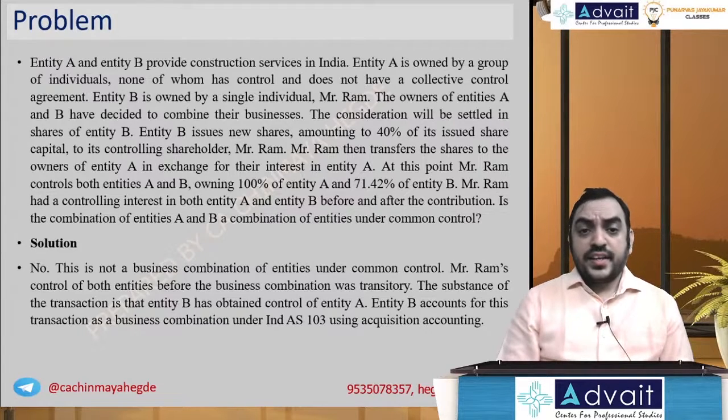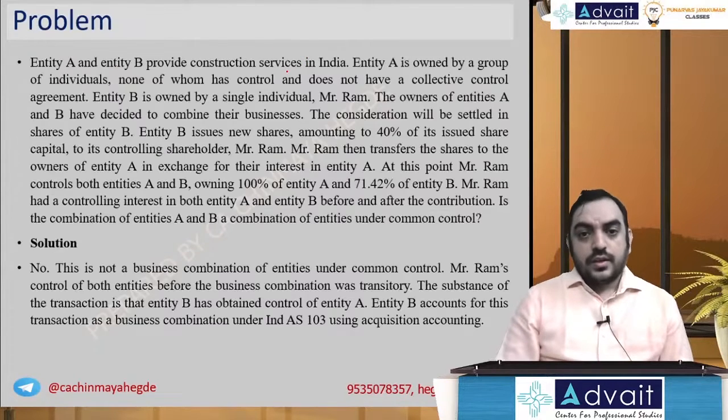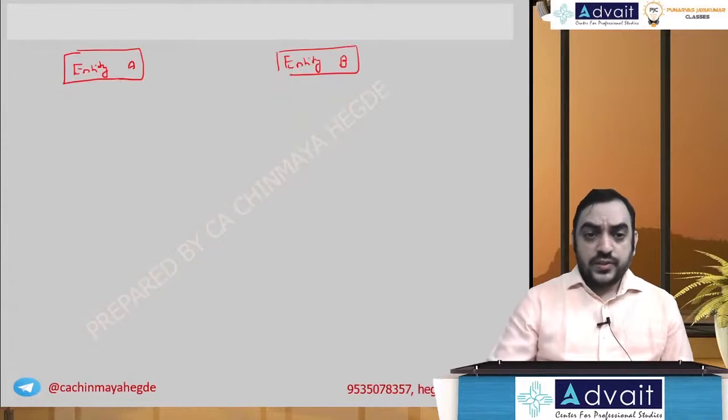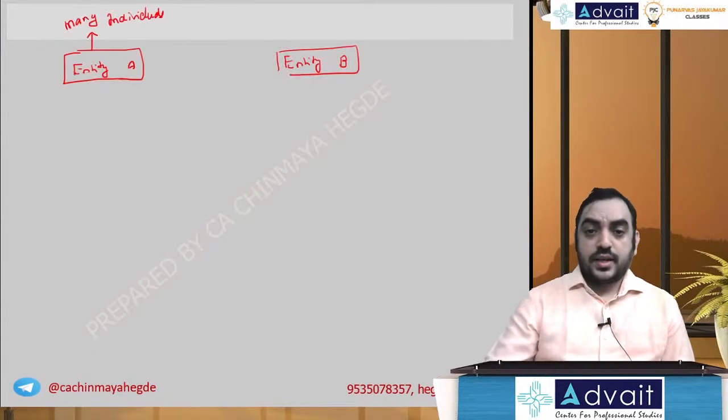Okay. So entity A and entity B, two entities are there. A is owned by a group of individuals, so entity A is owned by many individuals, and entity B is owned by a single individual, Mr. Ram.